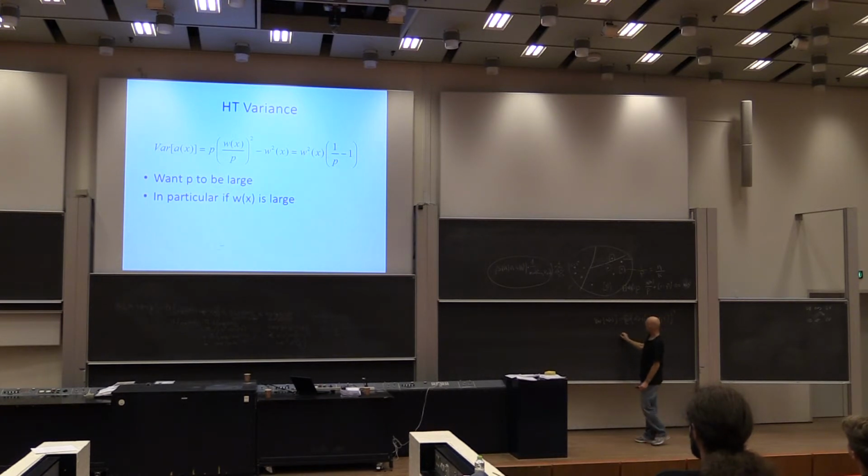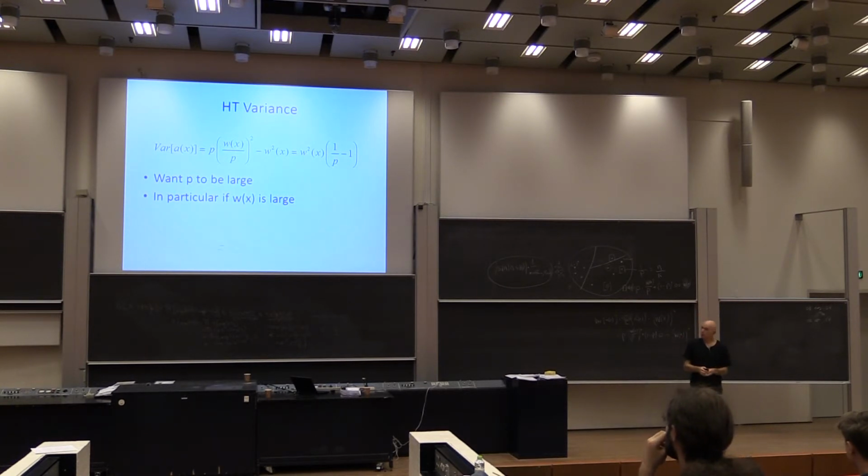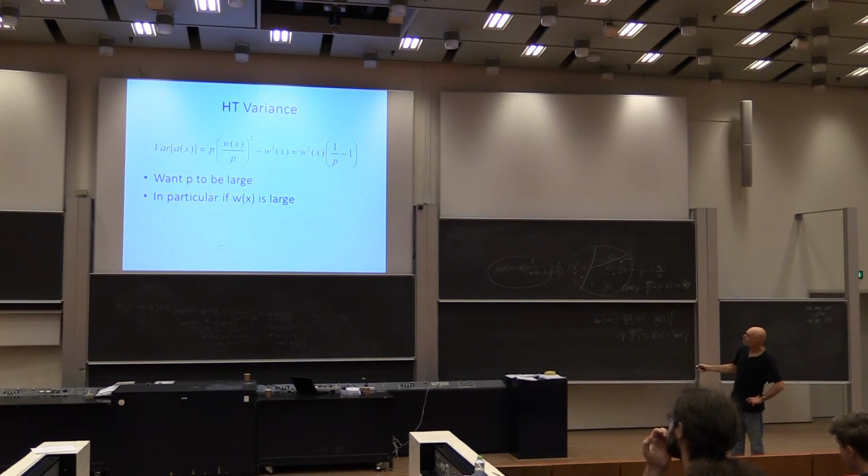And this is easy. With probability P it's Wx over P squared, and with probability 1 minus P it's 0. So this is the calculation on the slide. If you pull Wx out of the parentheses, you get Wx squared times 1 over P minus 1. So you can see here that as P gets larger, the variance gets smaller.